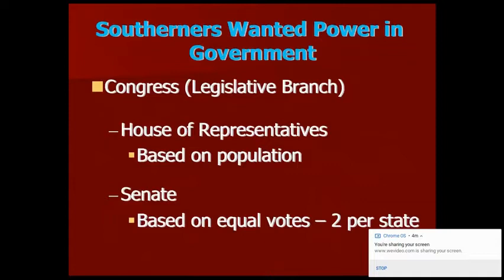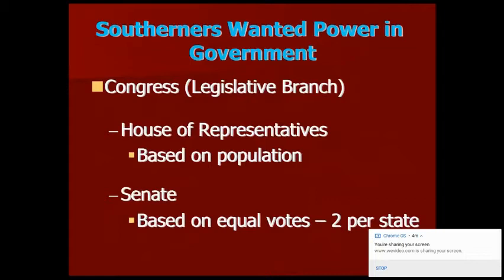Now today, as we focus on the Missouri Compromise, we're going to be focusing on power in the government. And so the South wanted to hang on to power in the government. And specifically, we're going to be looking at Congress, so the legislative branch. So the Southerners are going to start to lose their power in the government leading up to the Civil War.